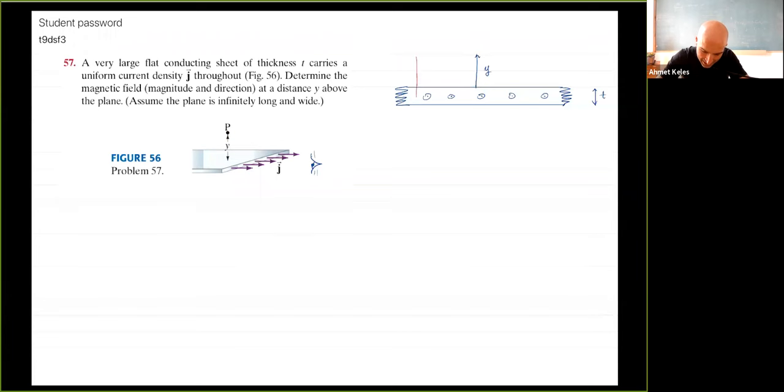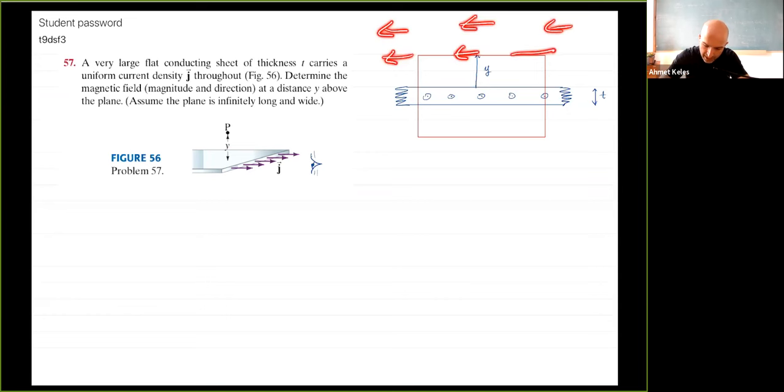So I need to choose an Amperian loop, and I'll choose it like this. So that's my Amperian loop. For finding the direction of the magnetic field, I use the right-hand rule, and I know the magnetic field is going to be along this direction, no matter where you go. And here it's going to be in this direction.